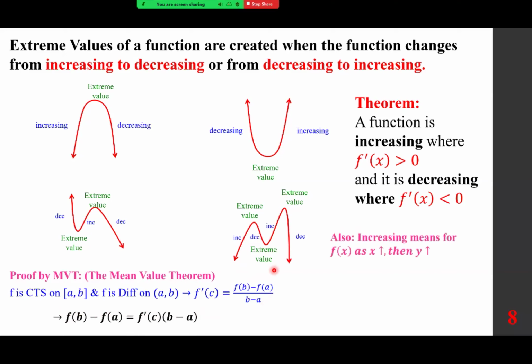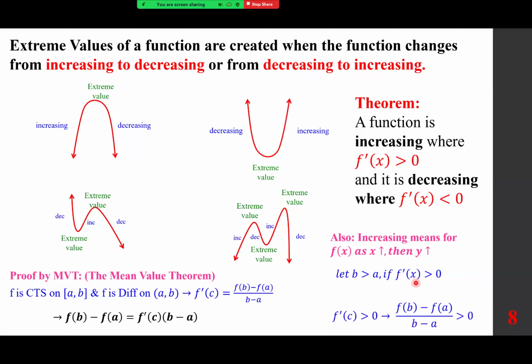Also, increasing in short means when x gets larger, so does y. So in other words, if you go from left to right, x gets larger. If the y gets larger, that means increasing. So clearly, the way we have chosen, let b be greater than a, because b is on the right side. If f prime of x is positive, that means f prime of c is positive, because f prime of x is a general form.